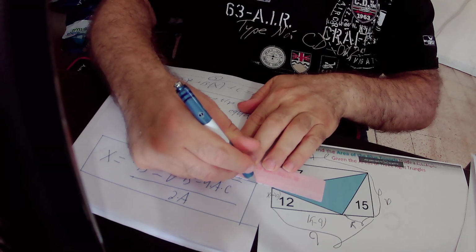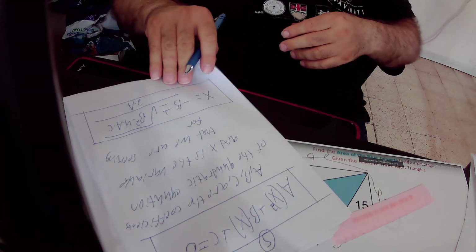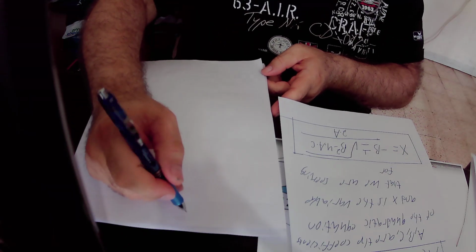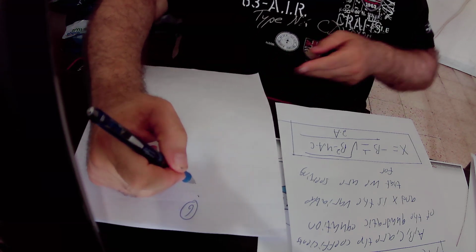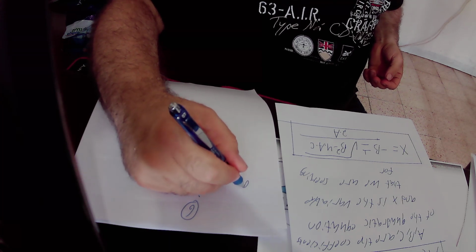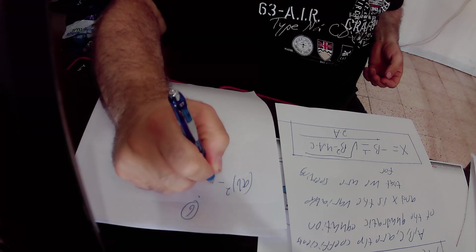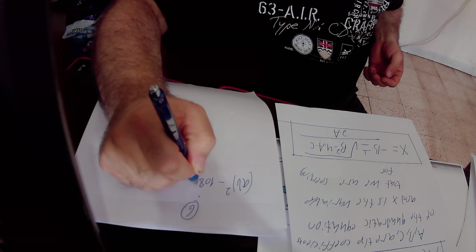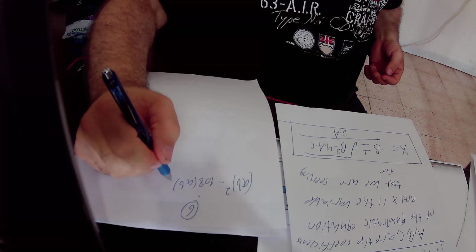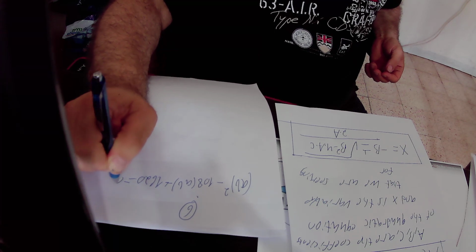Okay? So now I will write our specific quadratic equation. It is AB squared minus 108 times AB plus 1620 equals 0.